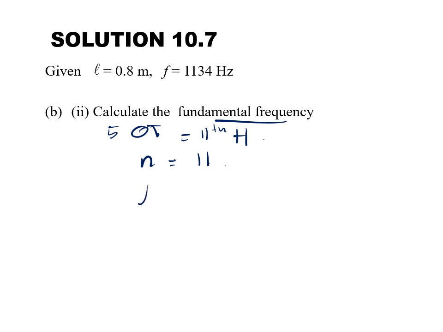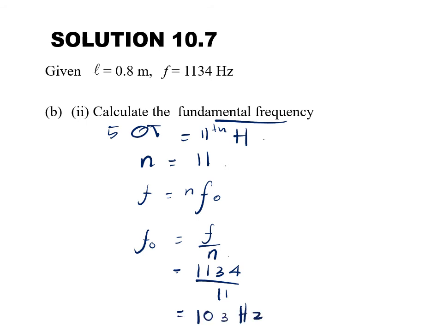Regarding the formula f equals n f naught, f naught equals frequency divided by n. So the frequency we have is 1134 divided by the number of harmonics, which is 11. You will get the fundamental mode 103 Hertz.